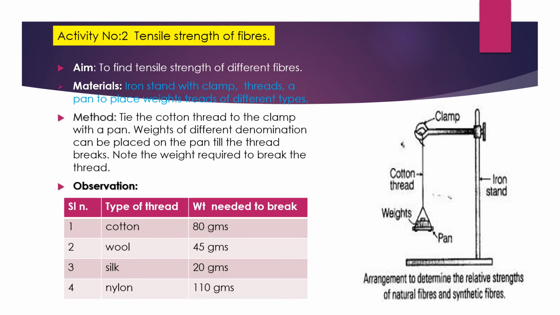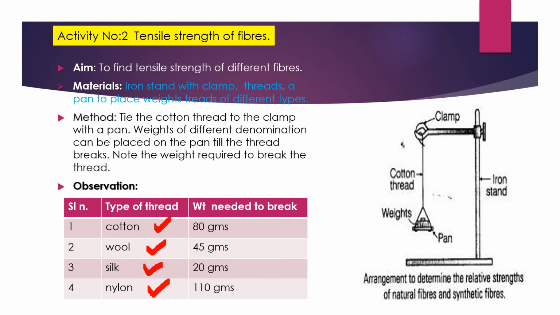Let us perform an activity to check the tensile strength of fibers. Tensile strength is the capacity to withstand breakage. Let us find the tensile strength of four different fibers, for example, cotton, wool, silk, and nylon.